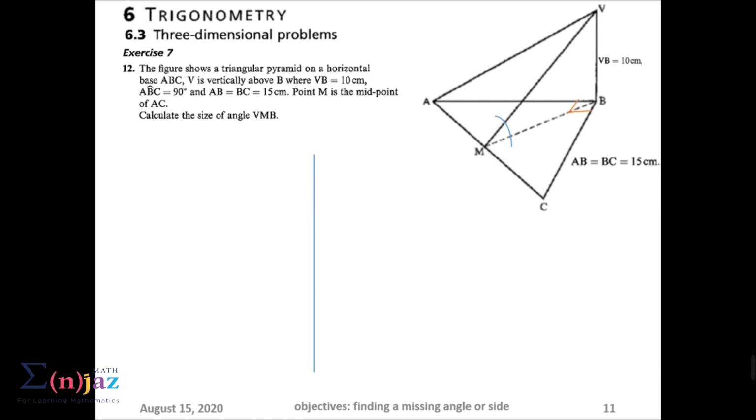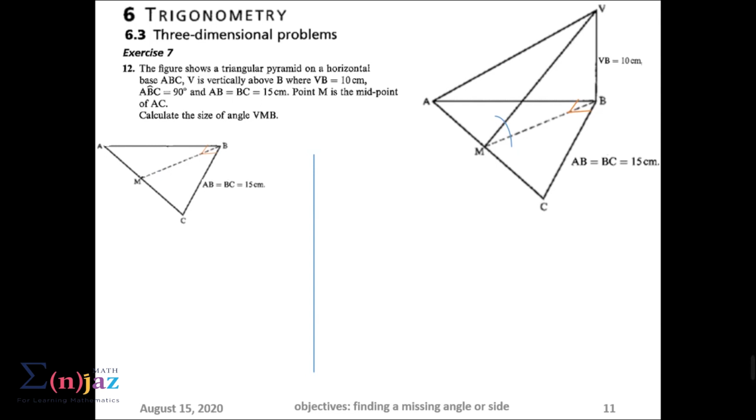Now, to find the length of MB, we need to draw a little sketch of the base. The base is triangle ABC. This is my base, and the lengths of AB and BC are 15 centimeters.